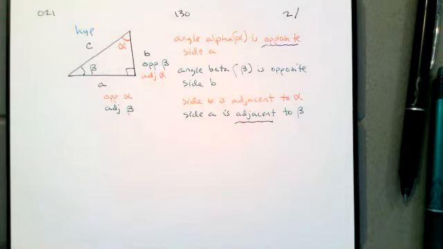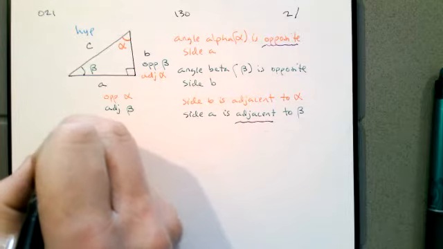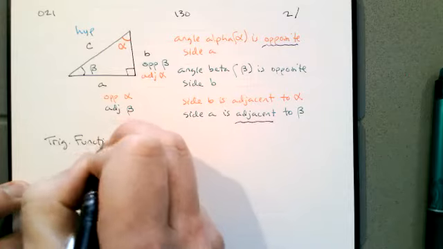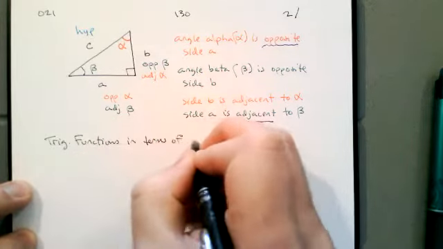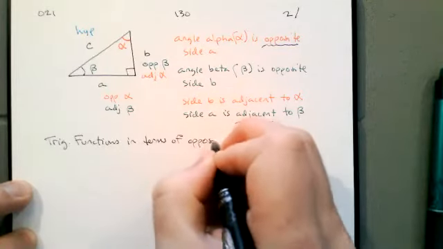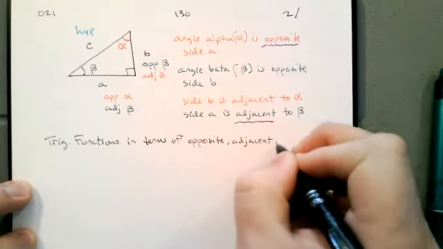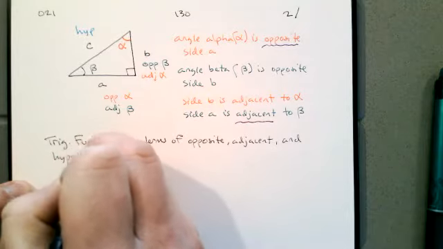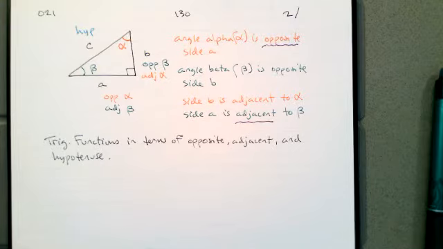All right, now let's define the trigonometric functions. We want to define the trig functions in terms of opposite, adjacent, and hypotenuse.